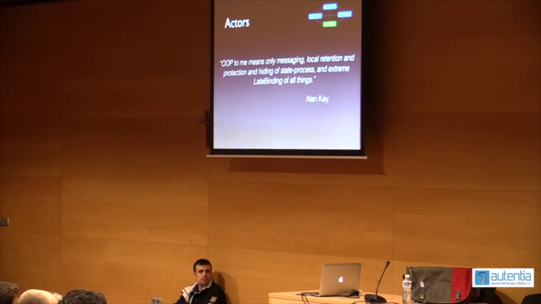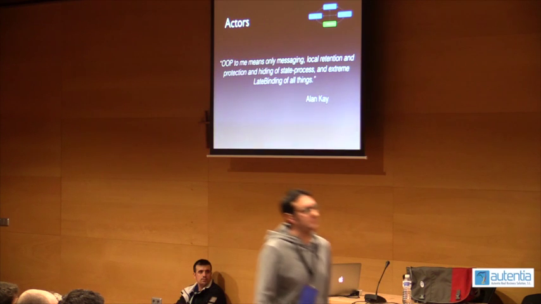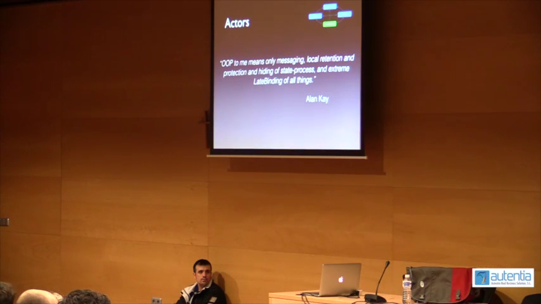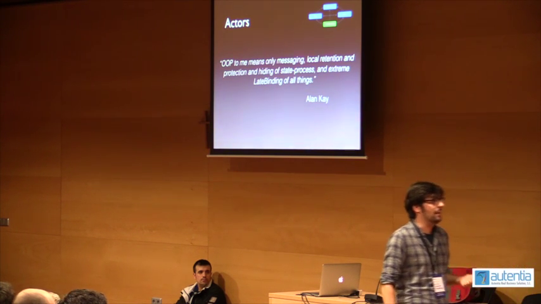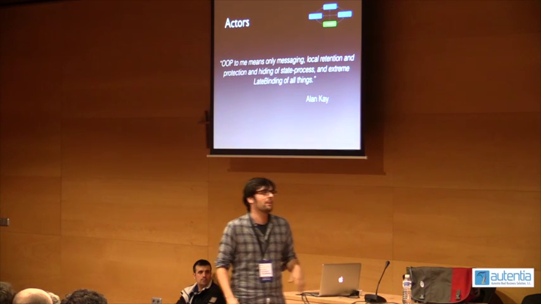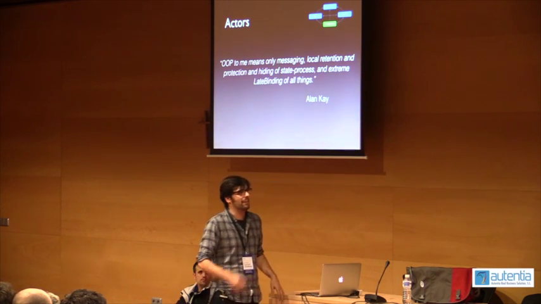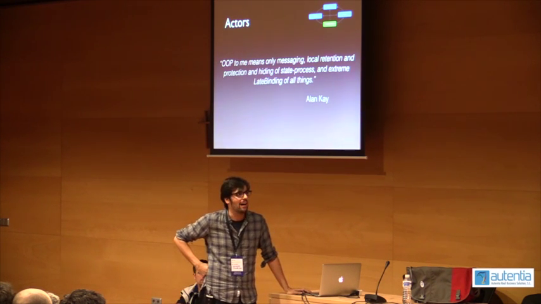And I go to this description by Alan Kay, which is only messaging, local retention and protection and hiding of state process, and extreme late-binding of all things. And it looks very, very similar to the actor model, which looks very interesting to me, especially after Alan Kay saying all the time that Java is not what he had in mind, nor C++.